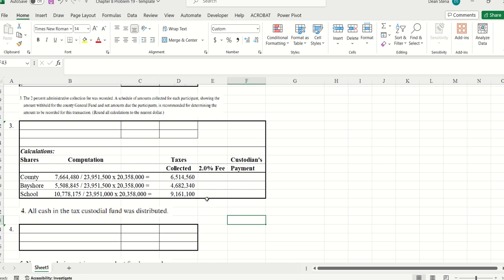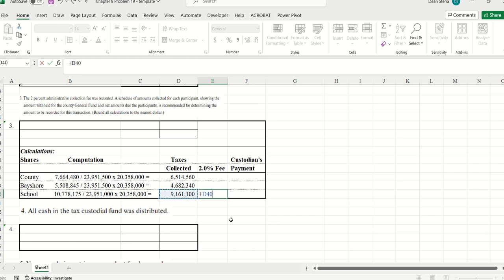So for the school district, we are going to take 2% of the taxes collected.